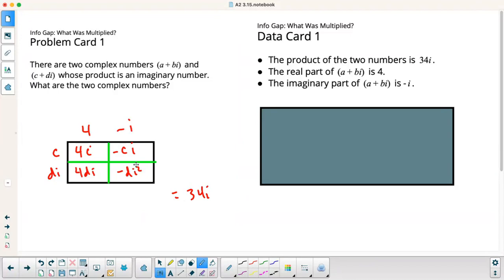So we know i squared is negative 1, so this is just going to be d right here, because it's negative d times negative 1. So I'm going to make this just d right there. Sorry, this looks like a 4i. It's 4c, sorry. So let's see here. These are going to cancel out.